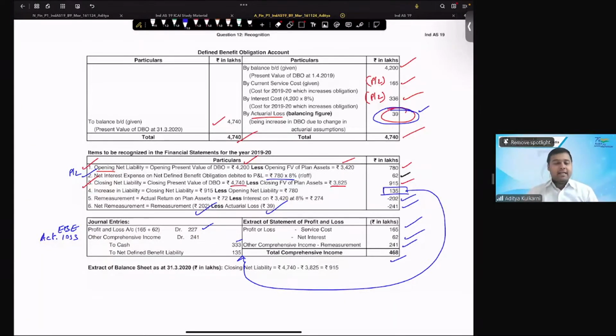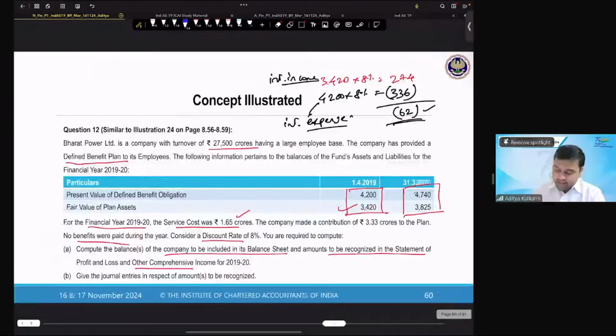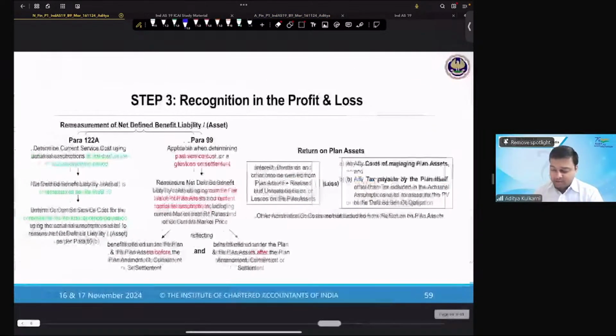Perfect. So that is how you are going to do the accounting. That is how. Monica, did you follow? Yes, sir. Perfect. Hemant, hope you understood. Vignesh, hope you understood. Okay. All right. Fine. So that takes care of question 12.